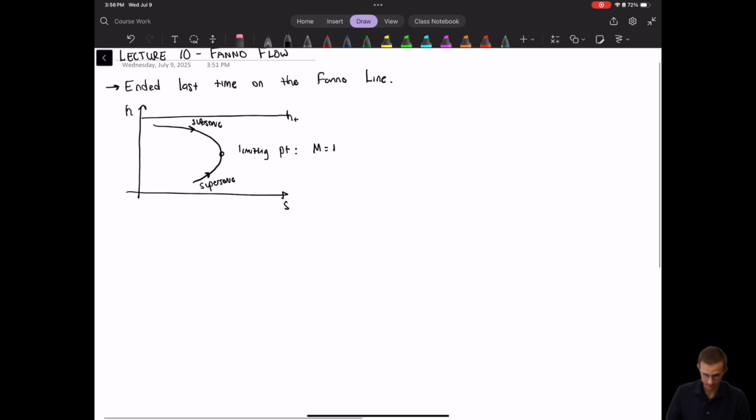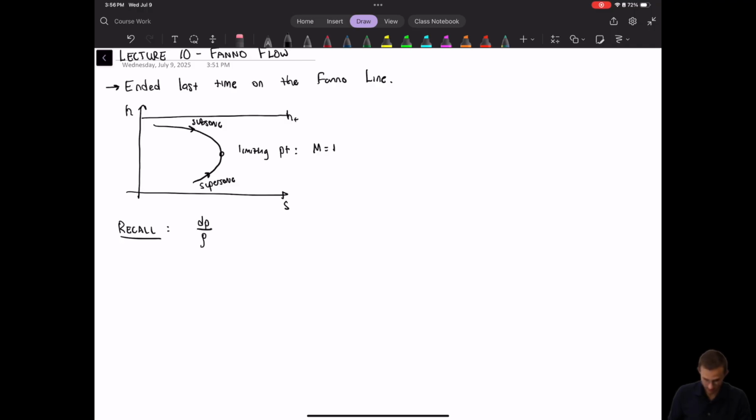Okay, so that's where we left off, and we're going to jump straight back in with the math. Let's start off by recalling the one-dimensional differential momentum equation. We talked about this in lecture 2.